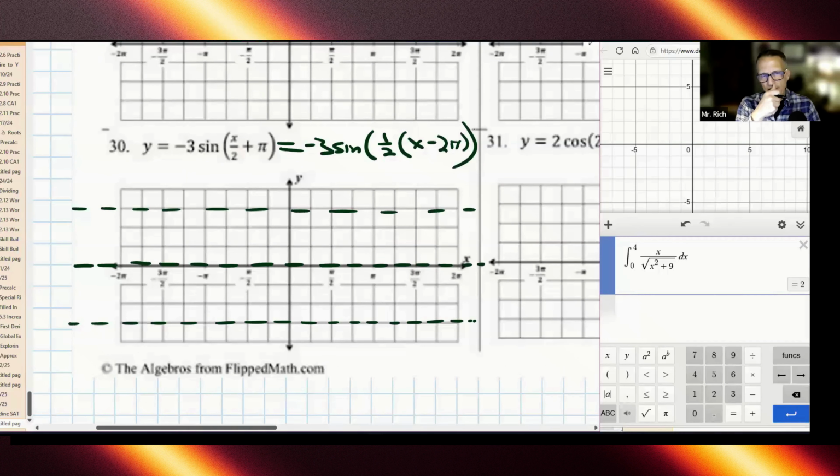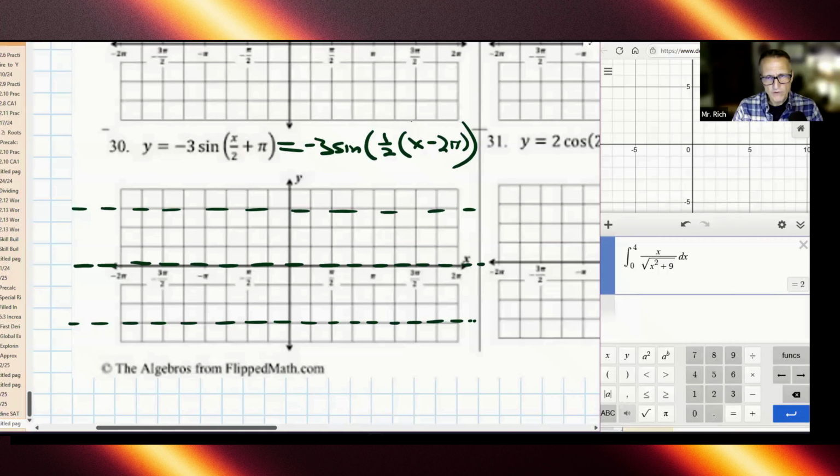When you factor out that 1/2, you have to divide it by 2. No, wait, why is my mind playing tricks on me? No, if you factor this out and you divide it by 2, you're dividing by a 1/2, which is the same as multiplying by 2. Yeah, so -2 pi.